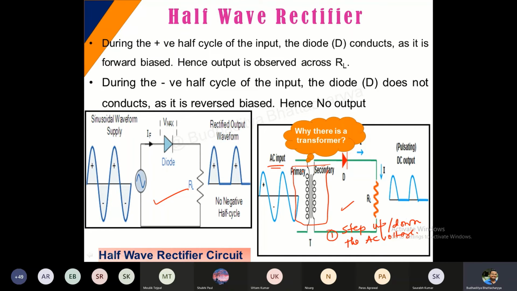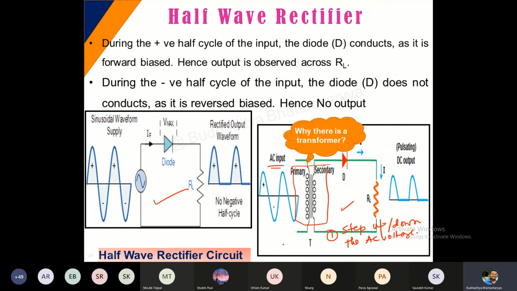But you can clearly observe over here that one of the major drawbacks of this system is that while the negative part is completely eliminated, the information, whatever data we are looking at with respect to this negative cycle, is also lost.